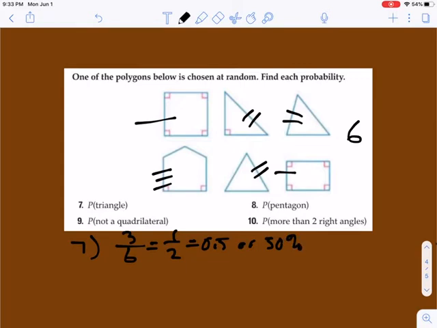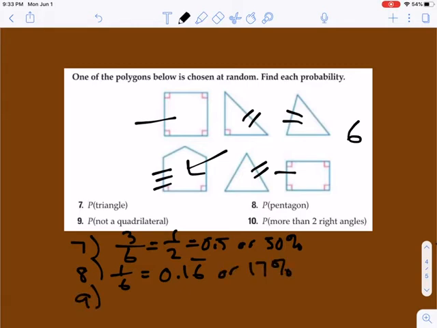All right, 8, probability of pentagon. Well, there's only one pentagon, and that's this guy right here, right? So 1 in 6, and that is, I believe, 0.16 repeating, or we'll say about 17%.